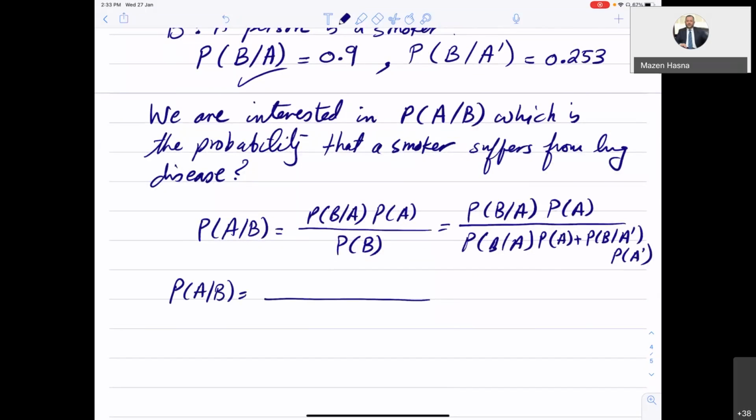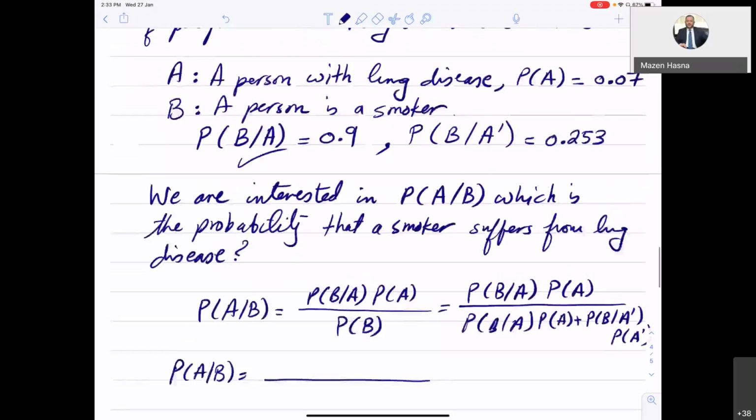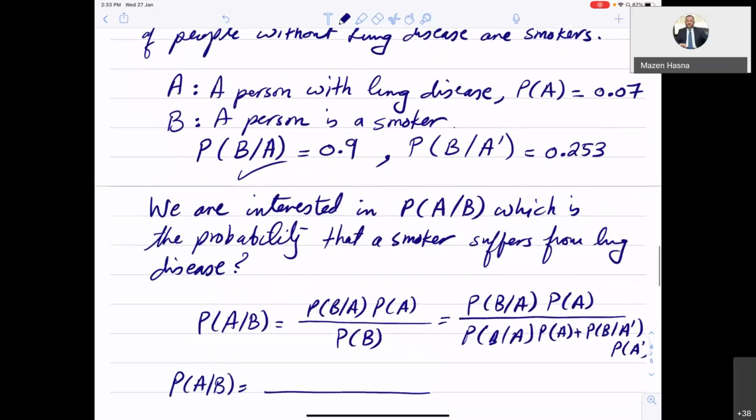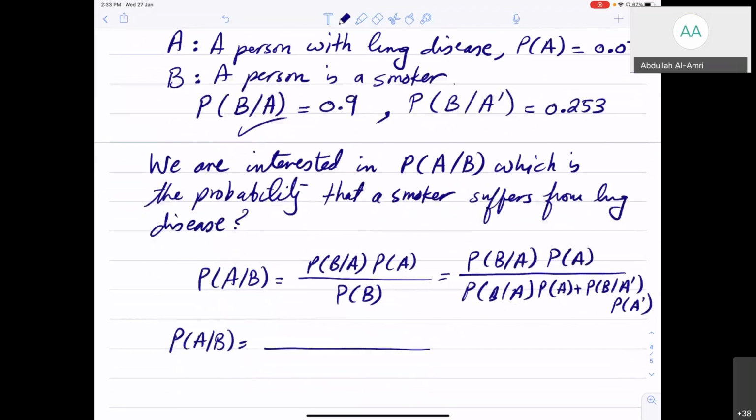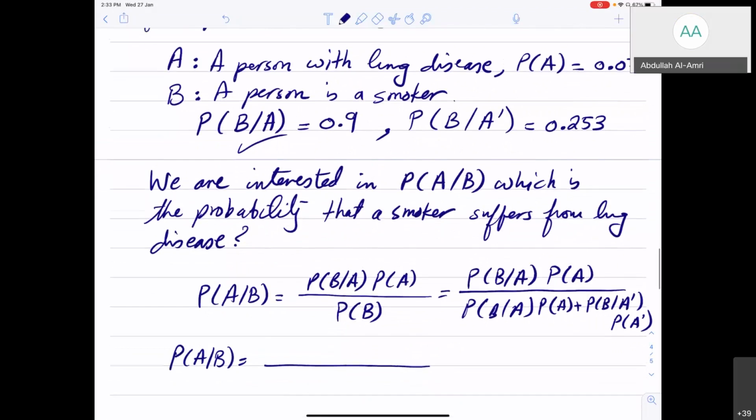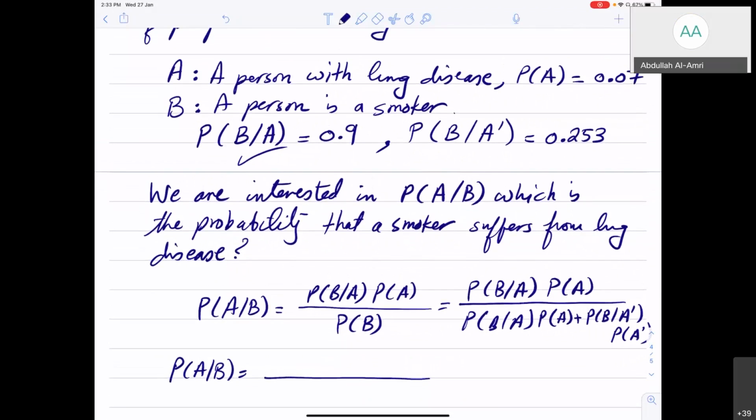What's the probability of B given A? Doctor, can you please say again what the probability of B represents? The probability of B conditioned on A. It is the probability that among those who have lung disease, a person is a smoker.